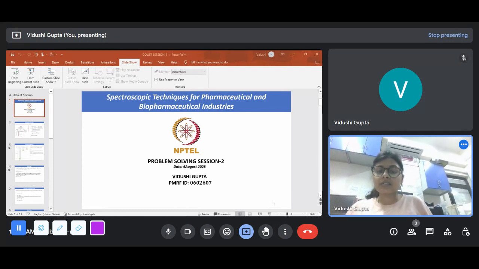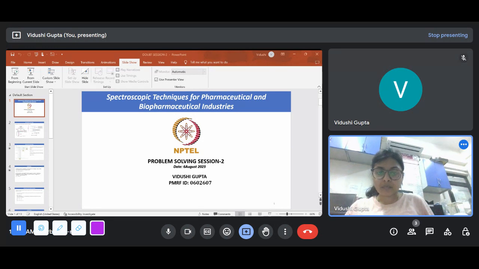In the Lyman series, the transition is from the higher orbit to the first orbit, that is n equals 1. Or we can say that there can be a transition from n equals 2 or greater to n equals 1. Lyman series lines are obtained in the ultraviolet region.